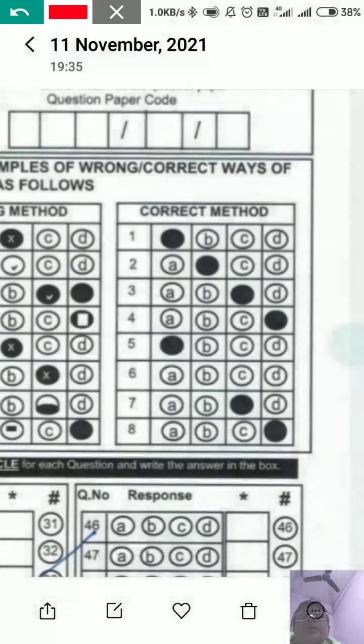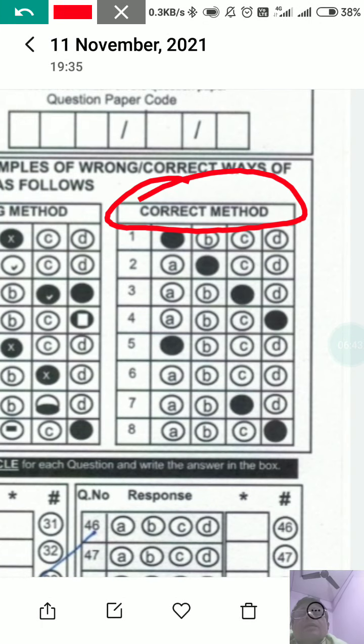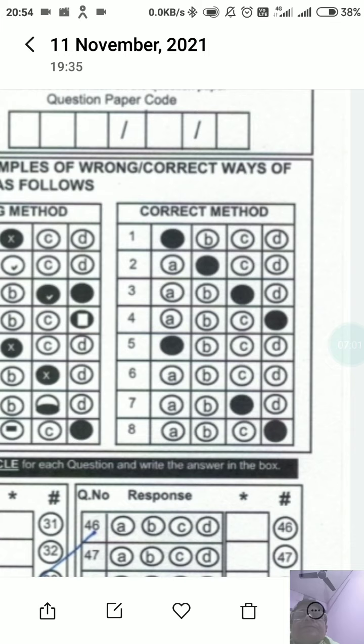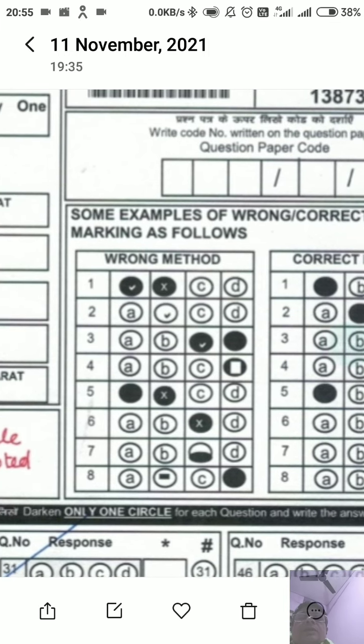The correct way is given here. So you see, in one full circle, in second full circle, full circle, full circle, whole circle darkened. So this is the instruction.